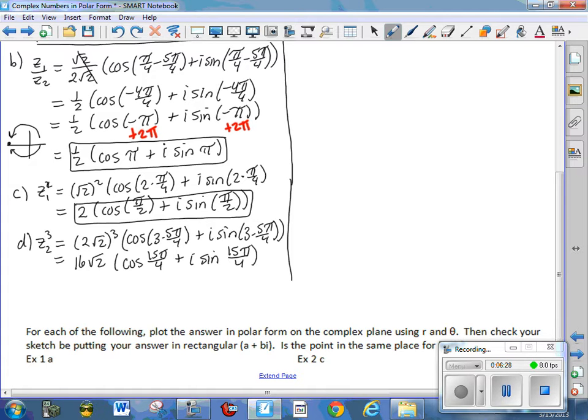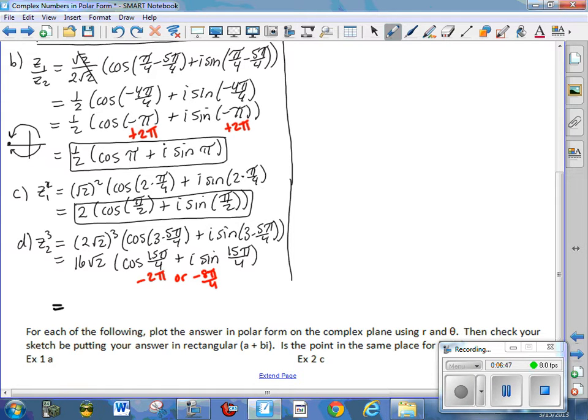Now 15 pi over 4 is bigger than 2 pi because 2 pi is 8 pi over 4. So basically I need to subtract 2 pi from both of these. So I'm subtracting 2 pi or minus 8 pi over 4 from both of these.